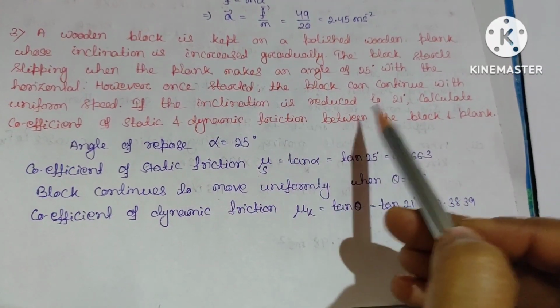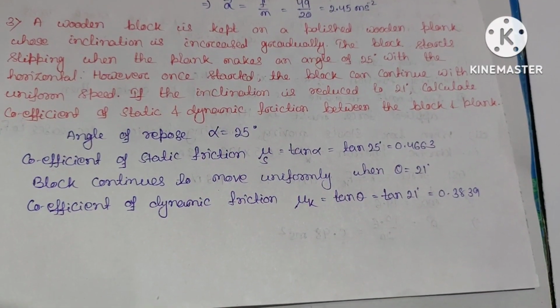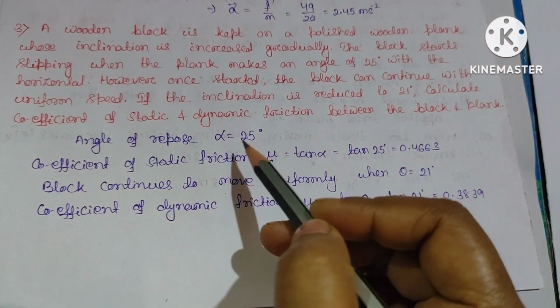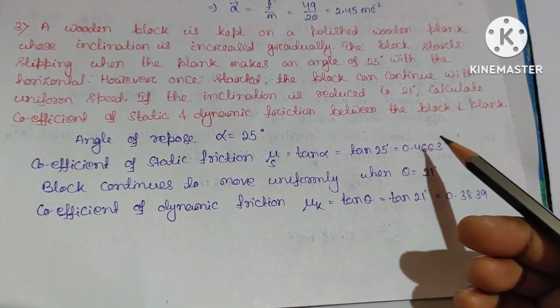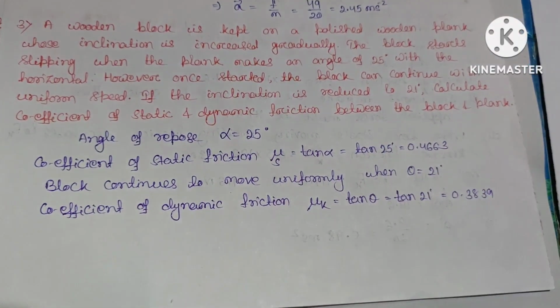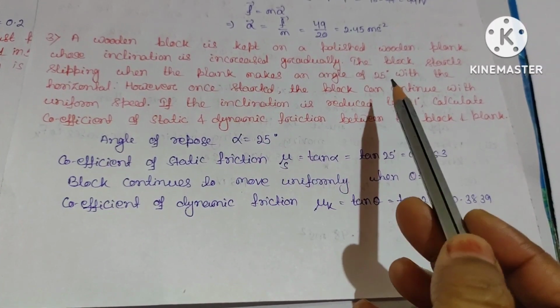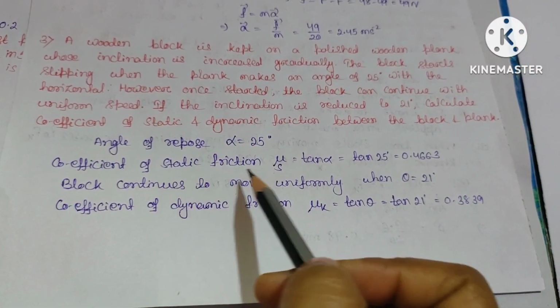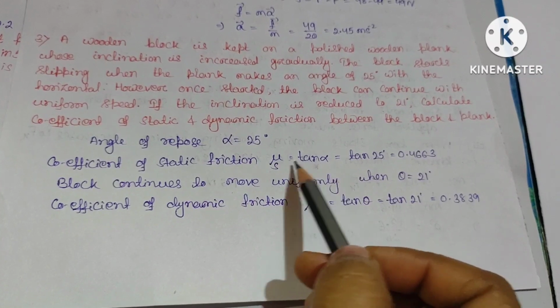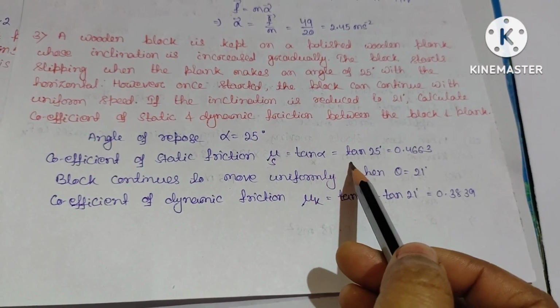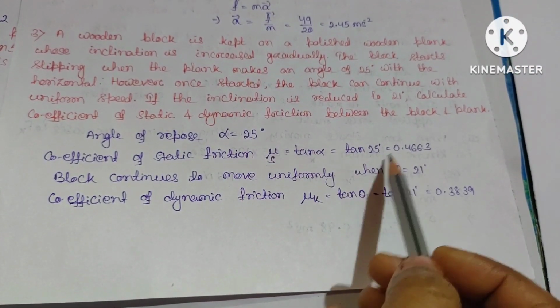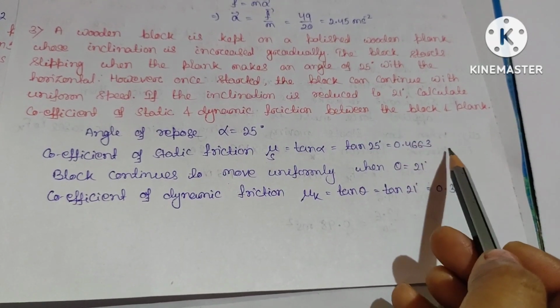If the inclination is reduced to 21 degree, calculate the coefficient of static and dynamic friction between the block and the plank. Here the angle of repose alpha is 25 degree. The coefficient of static friction mu s is tan alpha, that is tan 25 degree, and that value is 0.4663.